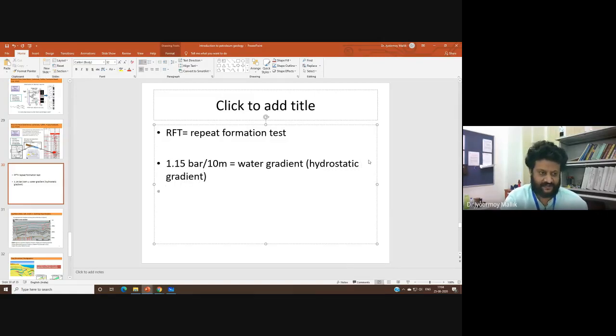And for gas, the one that is put there in terms of psi per feet can also be expressed in bar. This can be 0.2 bar per 10 meter. And this is the typical gas pressure gradient.